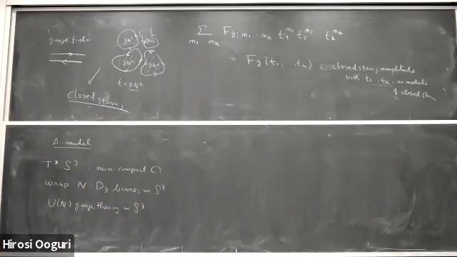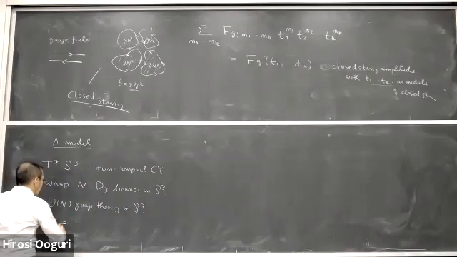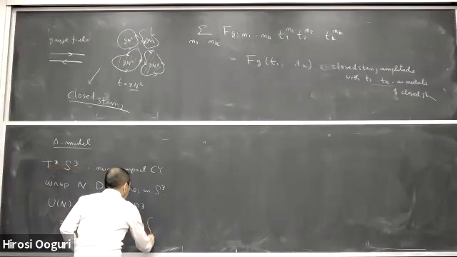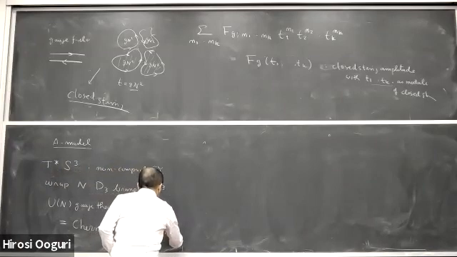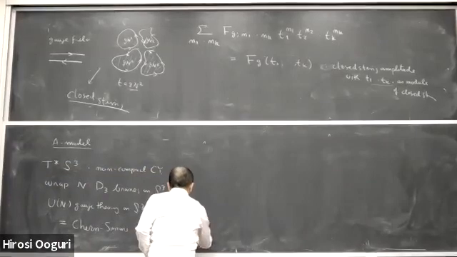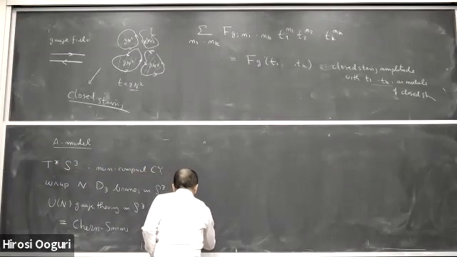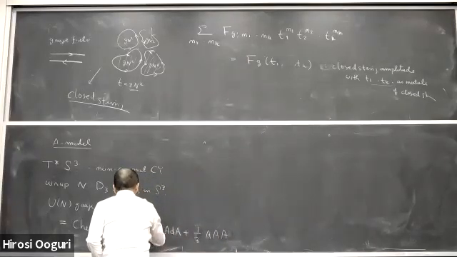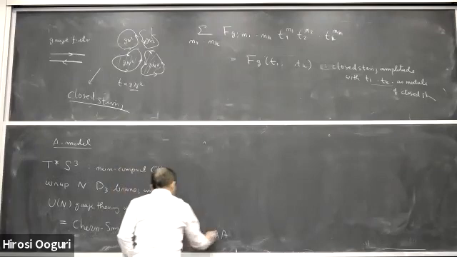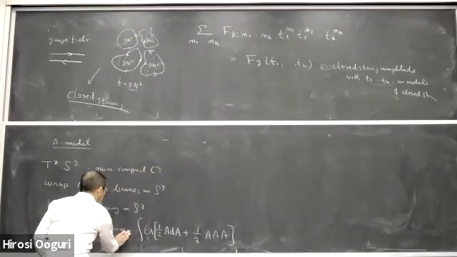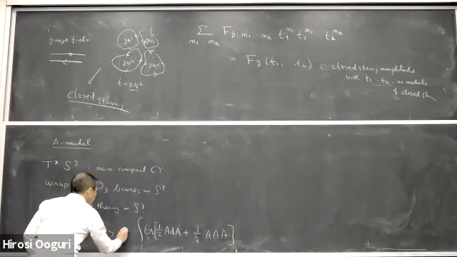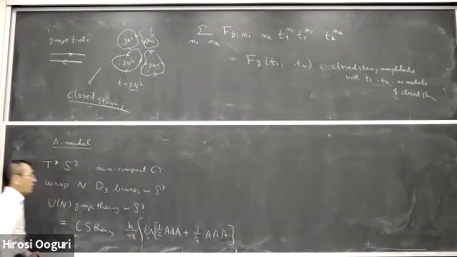And what we can show is that this U(N) gauge theory is nothing but Chern-Simons gauge theory, namely the integral of 1/2 A dA plus 1/3 A cubed, with gauge group U(N), then you take the trace and integrate, and there is a level of the Chern-Simons theory, k over 4 pi.